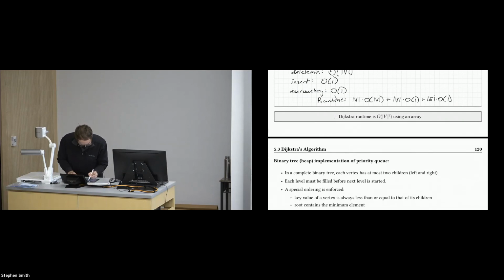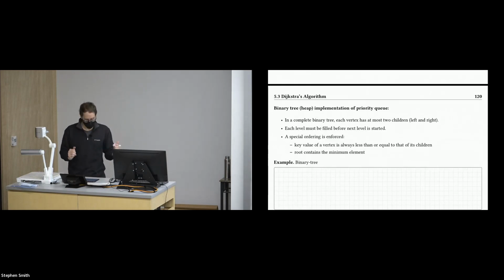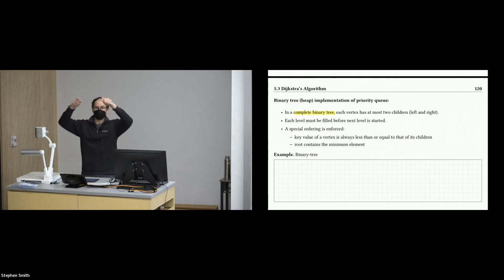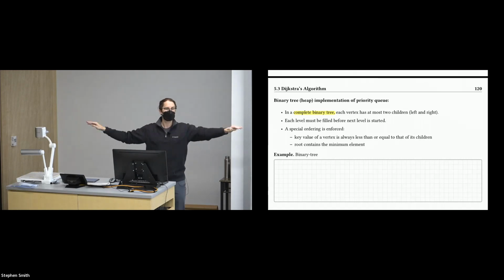Okay, so using an array, Dijkstra's algorithm runs in v squared time. The other option is called a binary tree or min binary heap. First, what's a binary tree? A complete binary tree is a tree where each vertex has at most 2 children, a left one and a right one. There's kind of a logic to the tree in that you have to fill up each level of the tree before you go to the next level.